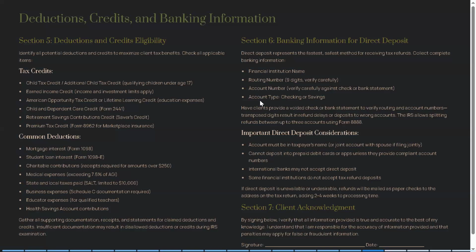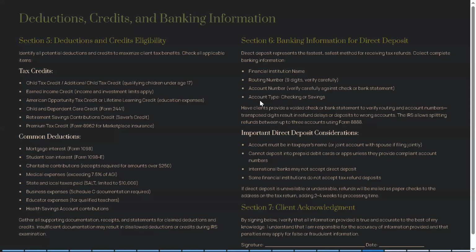We can do that with the banks that we go through, but not just them going to the store and giving you a prepaid debit card. International banks may not accept direct deposits. Some financial institutions do not accept tax refunds. I don't know any institution that doesn't accept tax refunds.